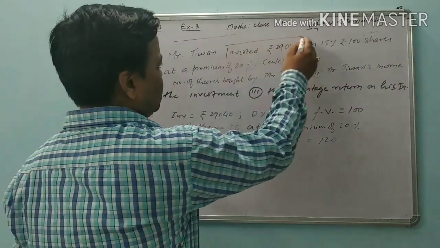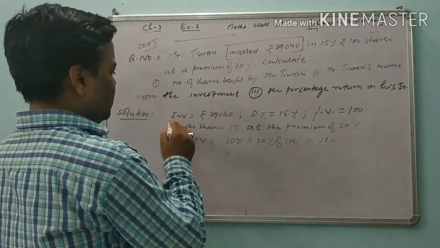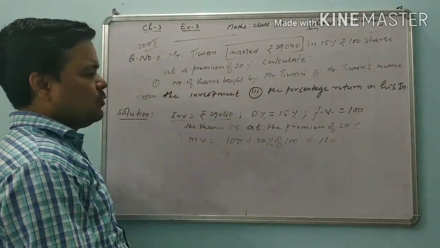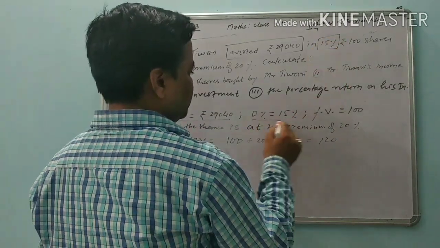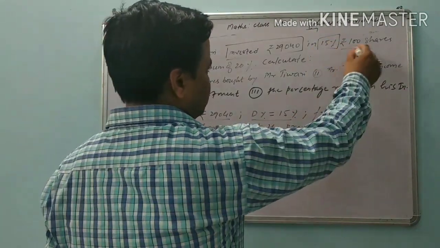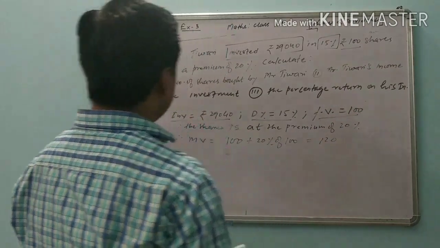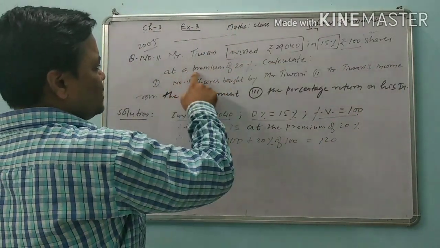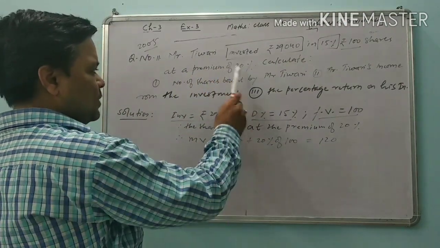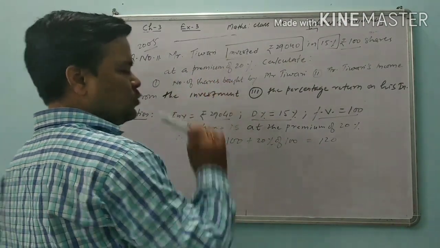What is given? The first one, investment is given, this investment 29,040 rupees. The rate of dividend is given, that is 15%, and face value 100 rupees. After that, the share is at a premium of 20%.